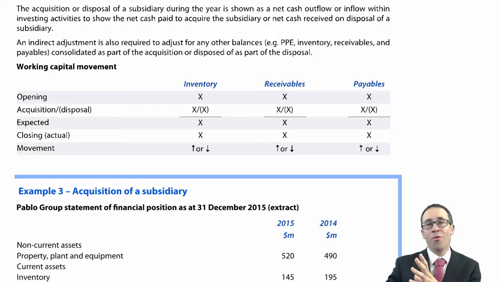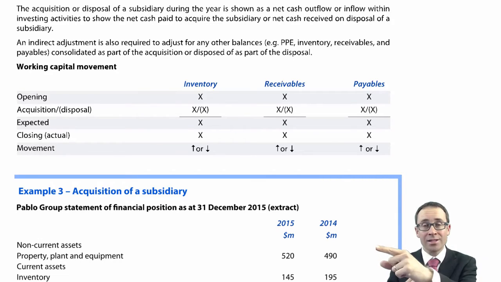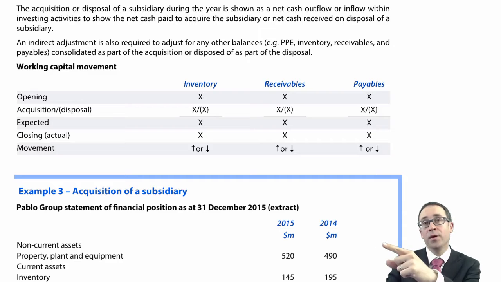But don't forget that when we have acquired that subsidiary, we now consolidate it, don't we? And when we consolidate it, the assets and the liabilities are brought in. Now that creates an issue with regards to the cash, because when we've spent 10 million, say, to acquire the subsidiary, we've then consolidated 1 million of cash coming in.